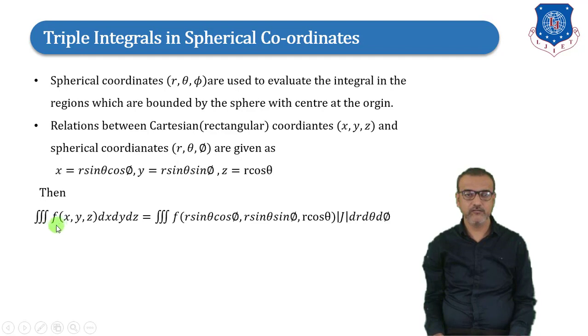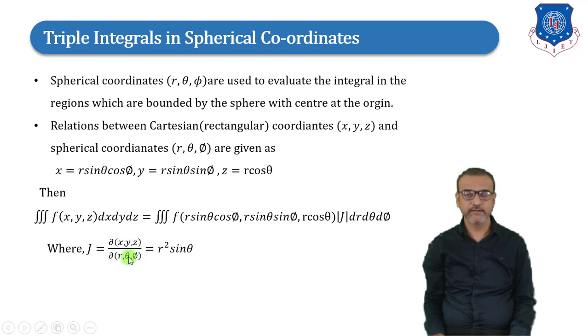Then the triple integration of a function of x, y, z dx dy dz equals the triple integration of f of x equals r sin theta cos phi, y equals r sin theta sin phi, and z equals r cos theta, replacing dx dy dz by modulus of J dr d theta d phi, where J is the Jacobian, and J equals del of x, y, z with respect to r, theta, phi.